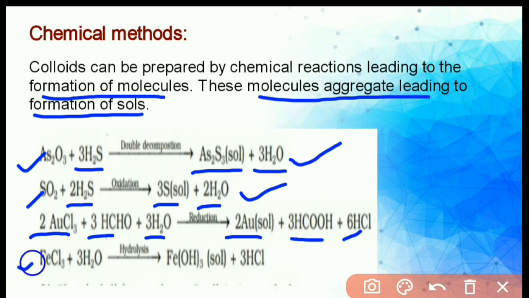In the next reaction, ferric chloride reacts with 3 moles of water and forms ferric hydroxide as sol particles and 3 moles of hydrogen chloride and makes a colloidal solution.